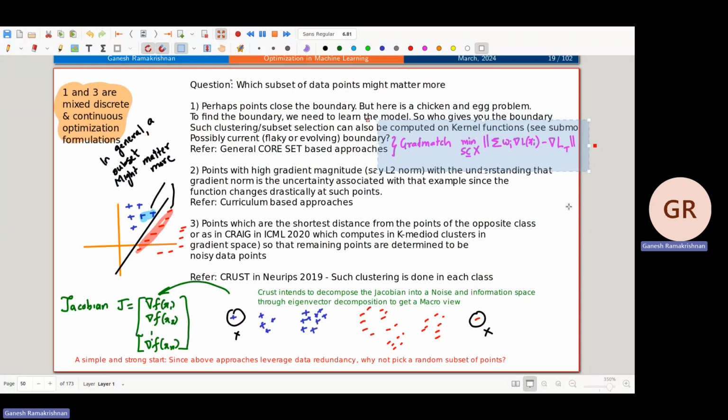So why stochastic? I'm giving one very simple machine learning perspective.